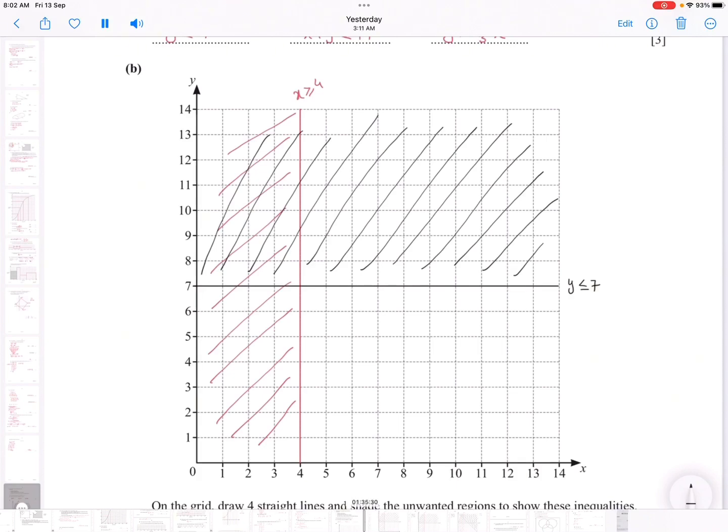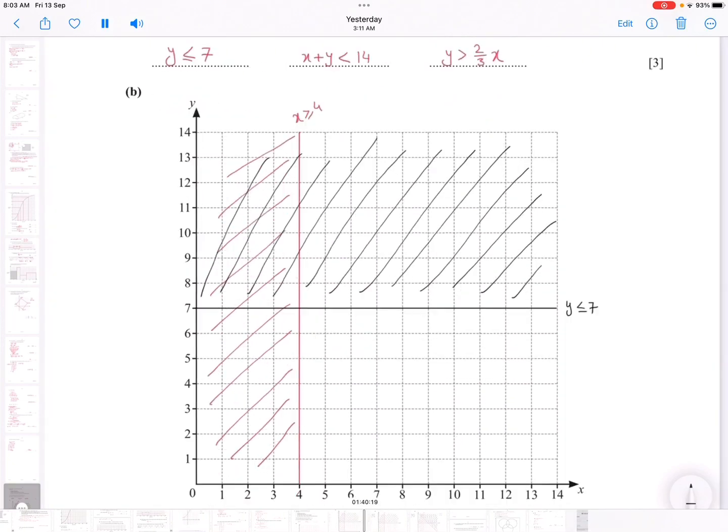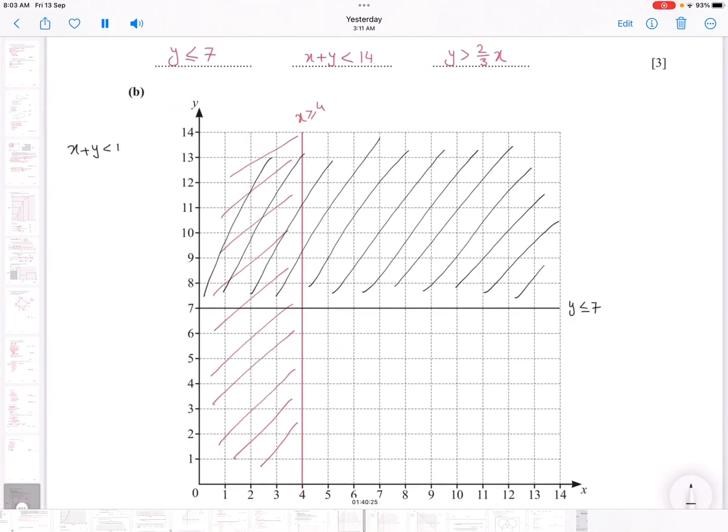Next is x plus y less than 14. So you make it into an equation, x plus y is equal to 14, and make y the subject.